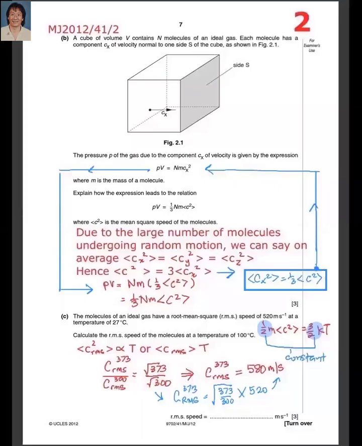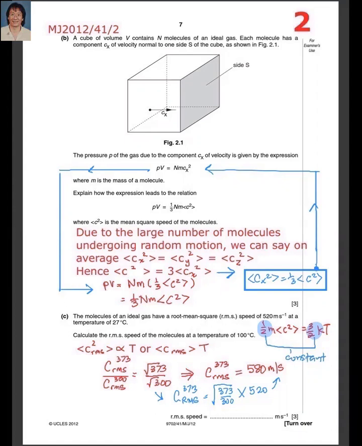In part B, a cube of volume V contains n molecules of an ideal gas. Each molecule has a component Cx of velocity normal to one side S of the cube, as shown in the diagram, figure 2.1.